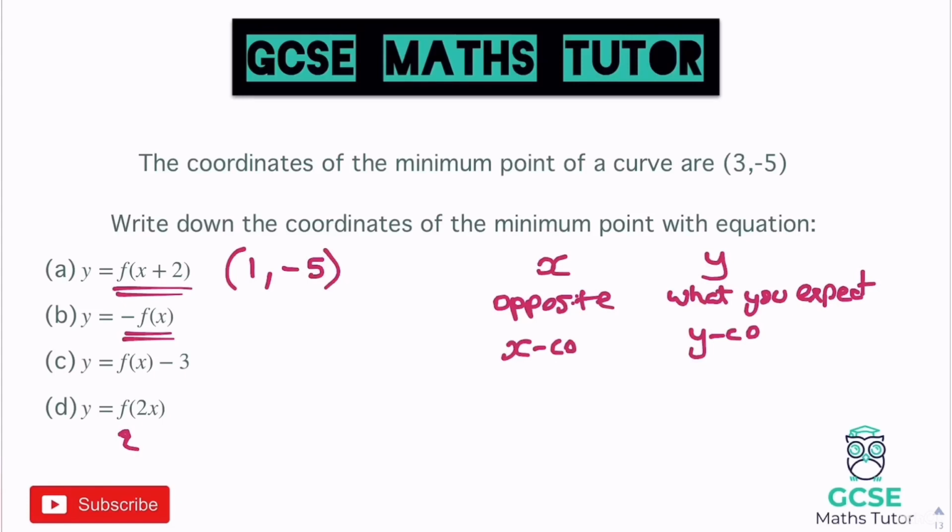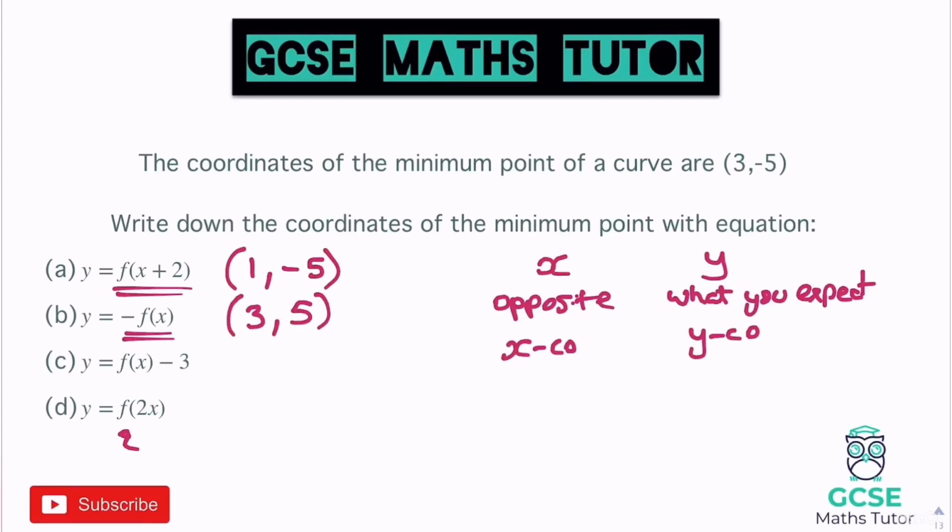It literally just changes it from negative to positive or positive to negative. So it doesn't affect the x coordinate because it's not in the x bracket. So it stays as a 3, but the y coordinate goes to +5. There you go. It changes it from -5 to +5. The negative could be inside the bracket. If it was, it would change the symbol on the x coordinate instead.